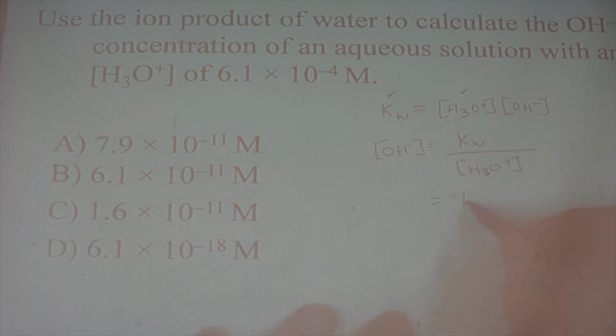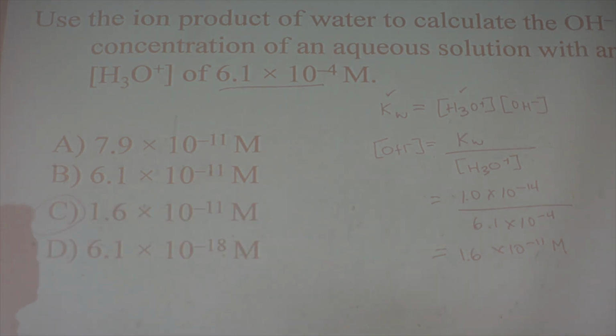This is 1.0 times 10 to the negative 14 divided by 6.0 times 10 to the negative 4. We do that and we get 1.6 times 10 to the negative 11 molar, which is answer C.